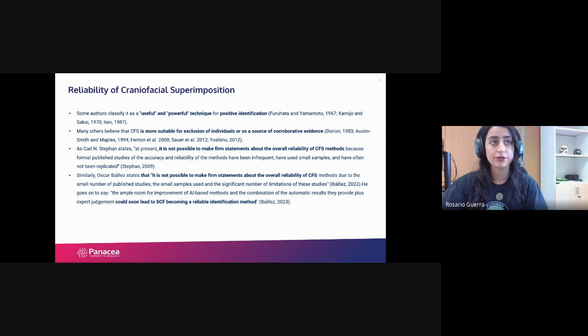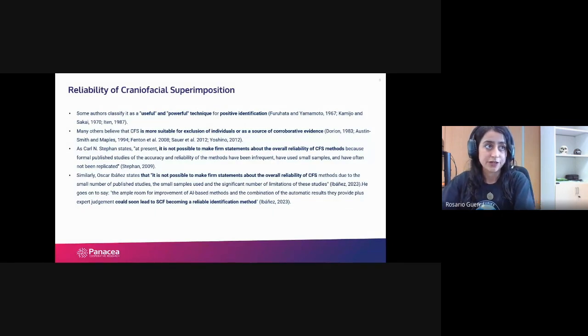this made authors like Carl Stephan claim that at the moment it's not possible to firmly state what the reliability of CFS methods is, because of these limitations of previous studies, which is the same idea that we share at Panacea.